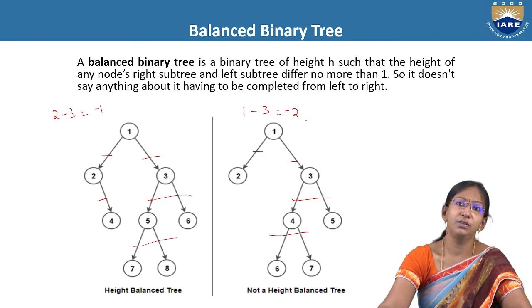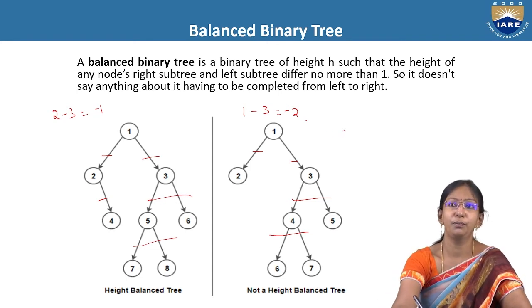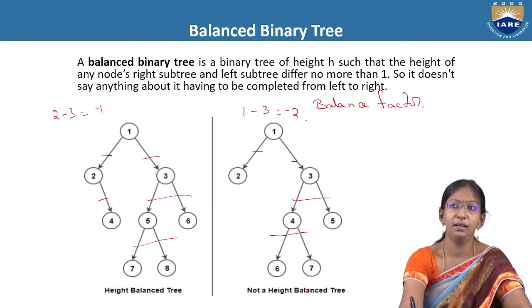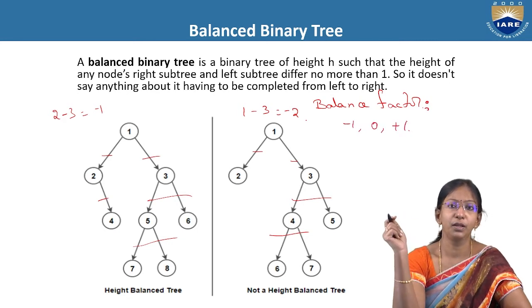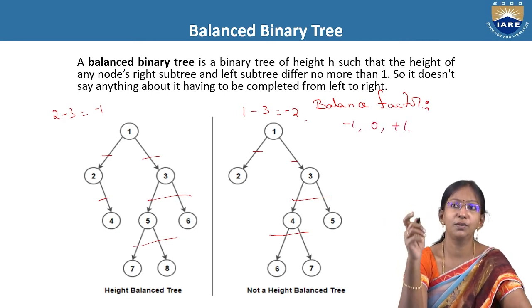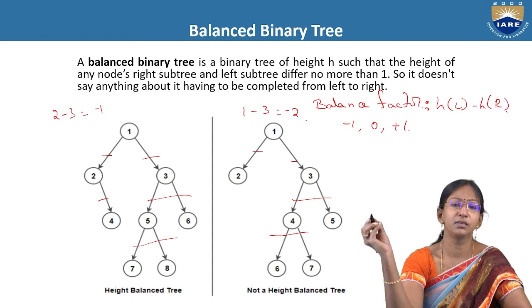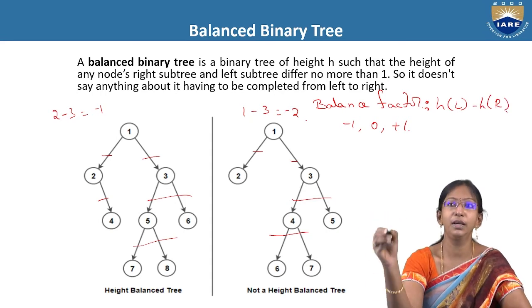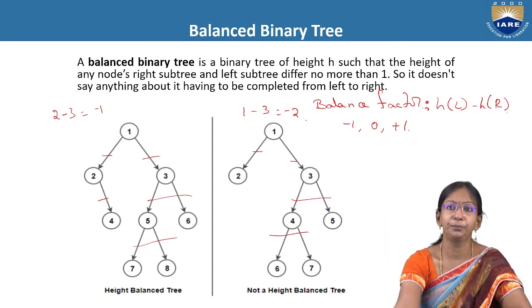Balance is based upon balance factor, which can be either minus 1, 0 or plus 1. That is, balance factor is height of left tree minus height of right, for all the nodes. Please make a note of this one.